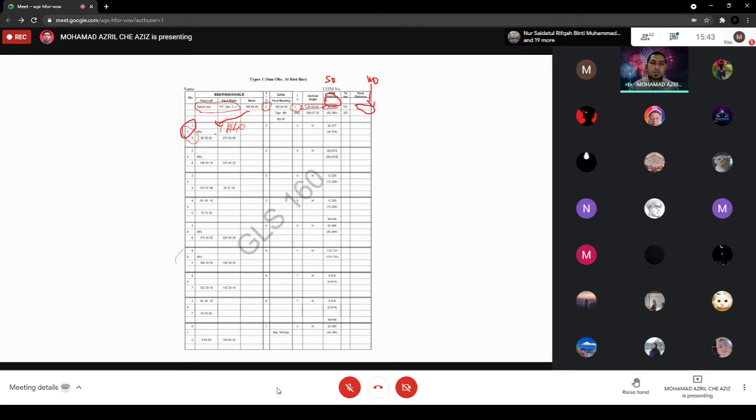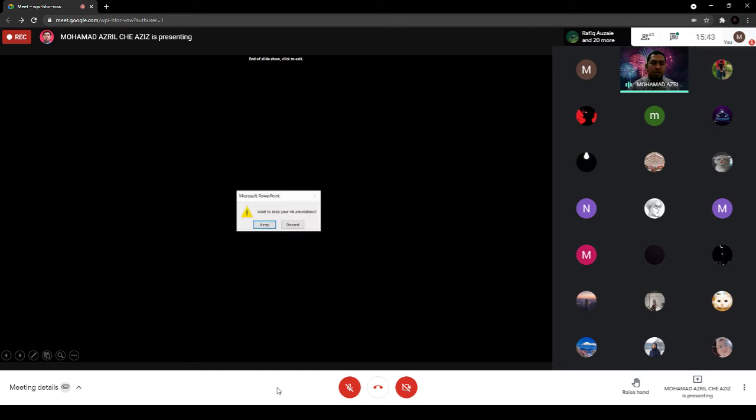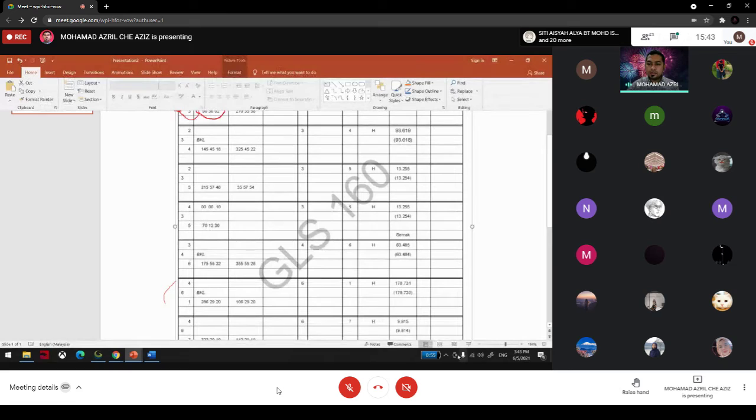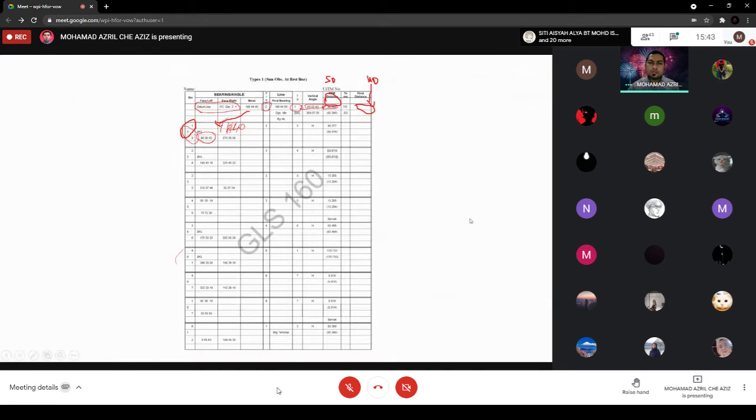You target your reflector and record the horizontal data, and then you write down from station number 2 to station number 3.